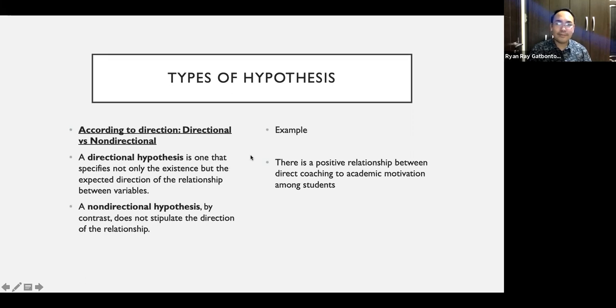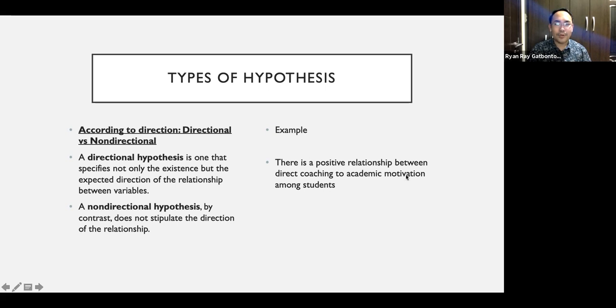Another way of classifying your hypothesis is according to directional and non-directional hypotheses. A directional hypothesis specifies not only the existence of a relationship, but also the expected direction of the relationship between your variables.